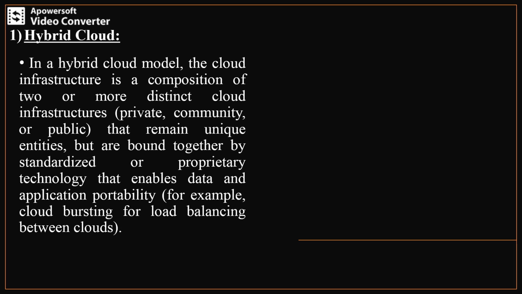Next is the hybrid cloud. In a hybrid cloud model, the cloud infrastructure is a composition of two or more distinct infrastructures. So I can have a combination of private and community cloud, or private and public, or community and public.